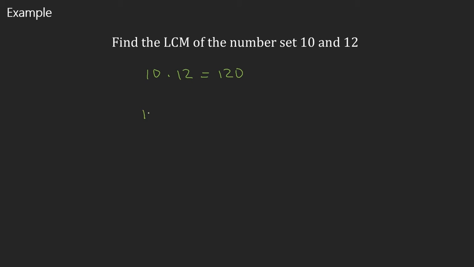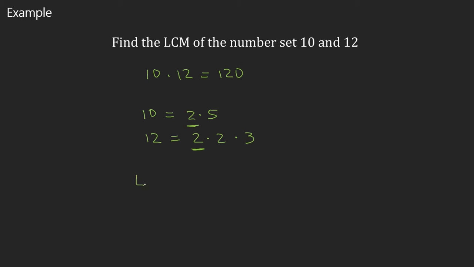So if we write out the prime factors for 10, that equals 2 times 5. And for 12, that equals 2 times 2 times 3. So here we have a 2 that is a common factor to both numbers. And when we formulate our LCM, we only need to use this common factor once.